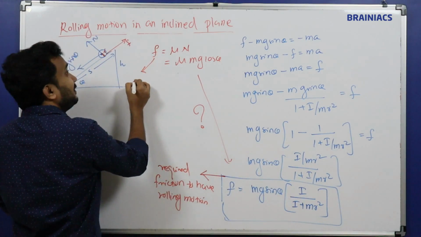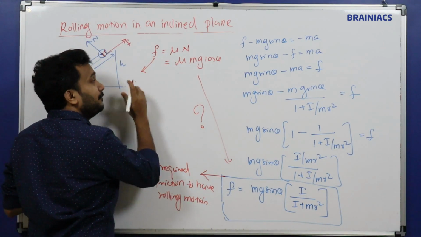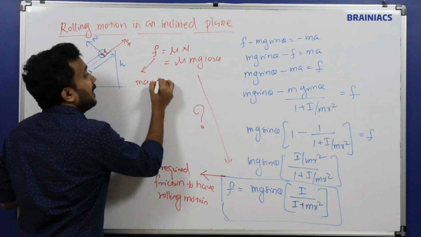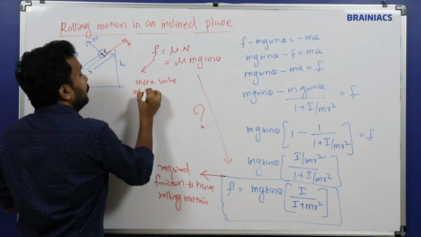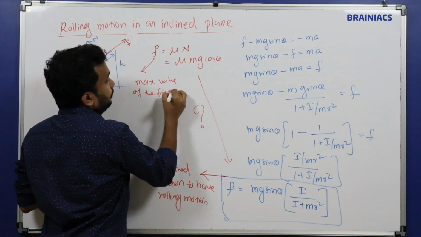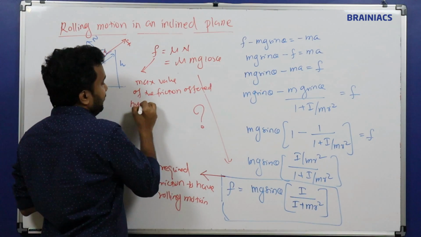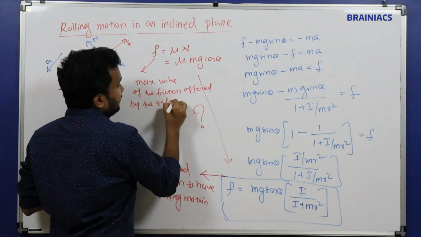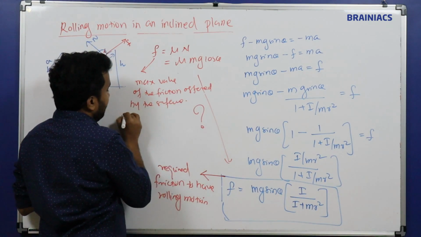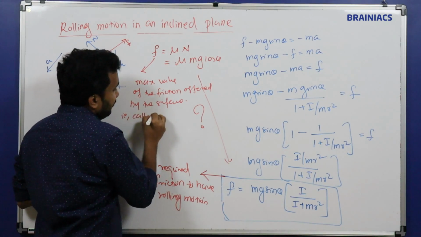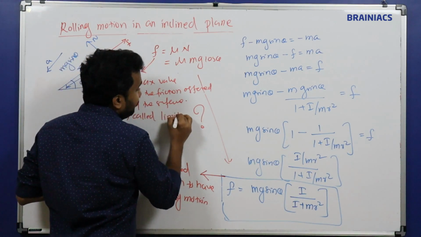This is the maximum value of the friction offered by the surface, because of the surface roughness, and that is called what? That is called the limiting friction.